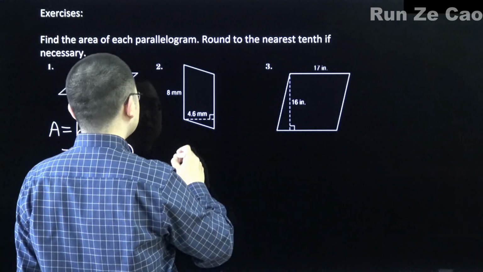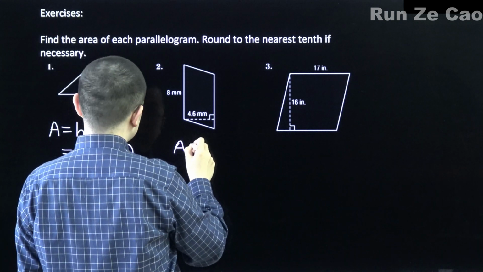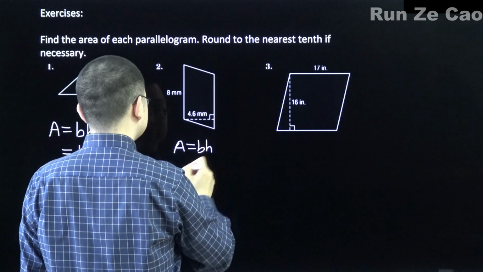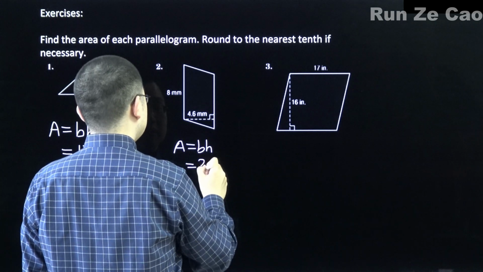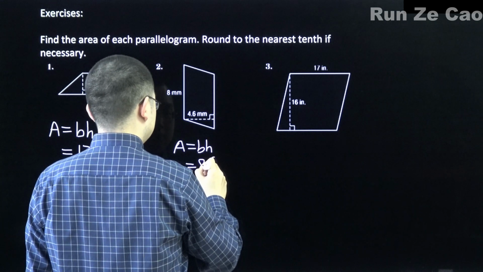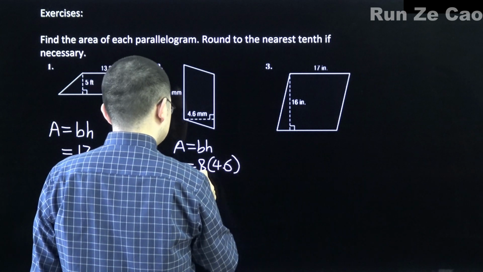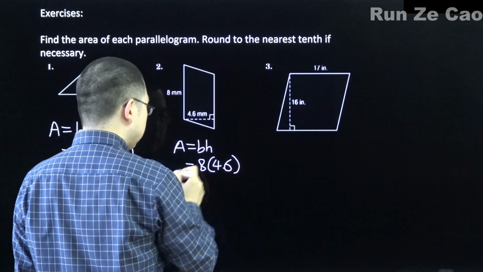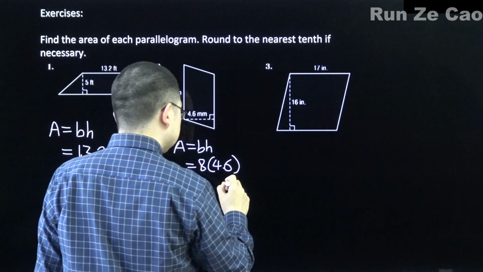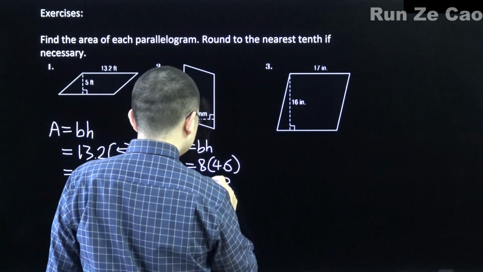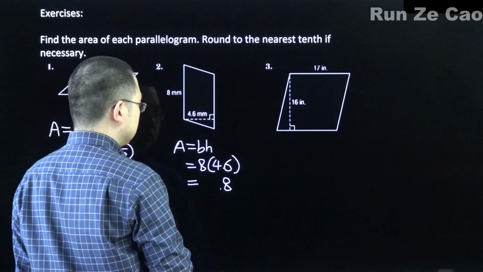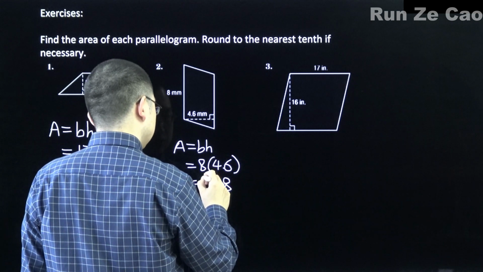Okay, now what about this one? Area is still base times height, which is 8 millimeters by 4.6 millimeters. And 6 by 8 is 48. 8 by 4 is 32.